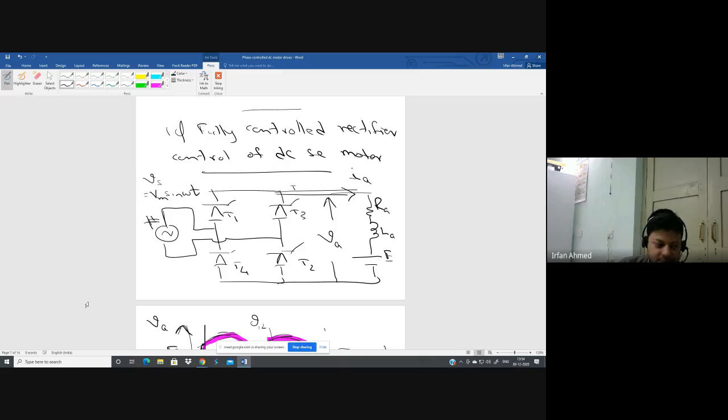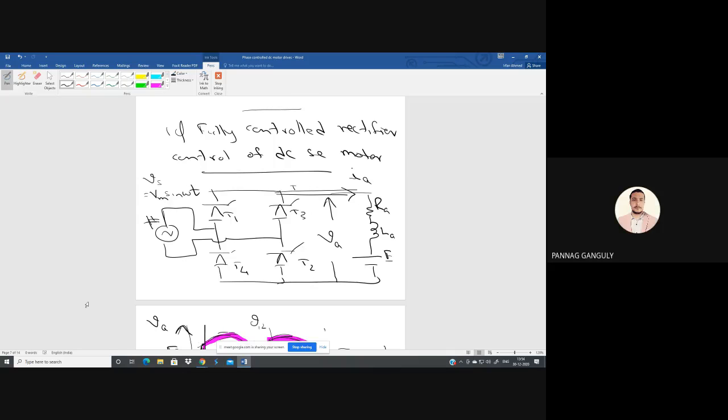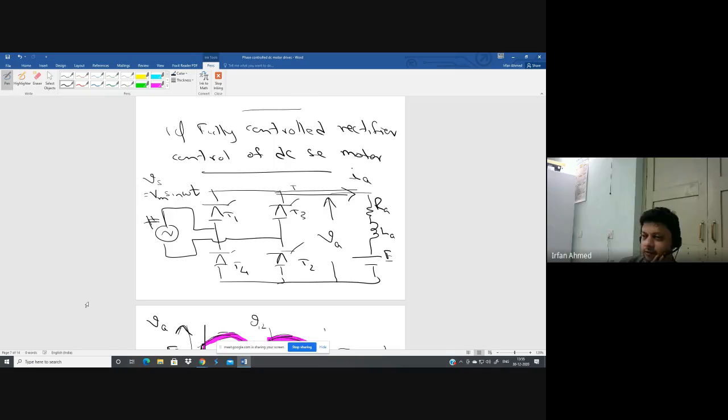Odd, even? Odd harmonics, if you are using a full wave rectifier. If you are using a half wave rectifier, then it will have even harmonics also, and a DC component also. That is why half wave rectifiers are never preferred unless your load is very small. So it has to be a full wave rectifier so that you only have odd harmonics.